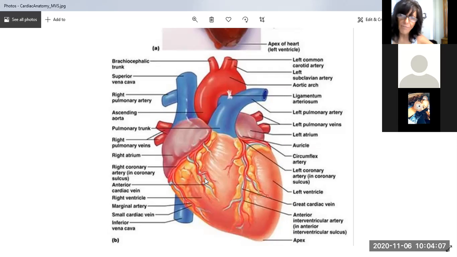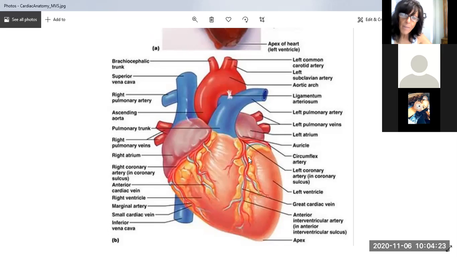When you do stuff like exercise or walk fast or run or anything like that, your heart beats faster. When your heart beats faster, the myocardium, the muscle, has to move faster. It needs oxygenated blood.